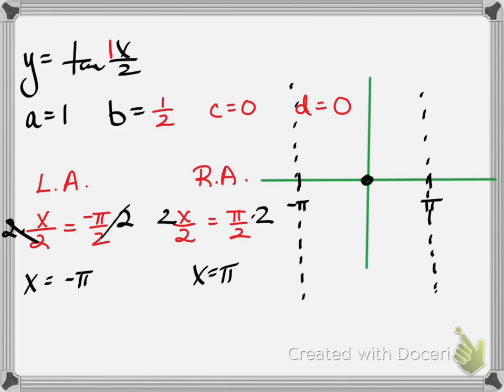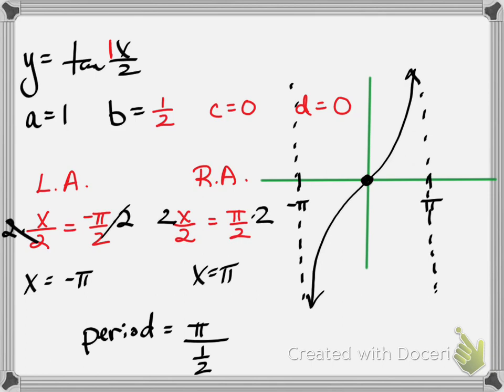Get that midpoint for me, and make tangent be increasing. That's it. Oh, I forgot to check the period. If they had asked me for it, it would be pi over b. So we're going to keep, change and flip. So the period's 2 pi, and that's what would be between negative pi and pi.